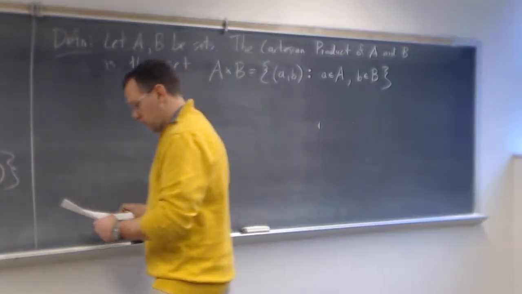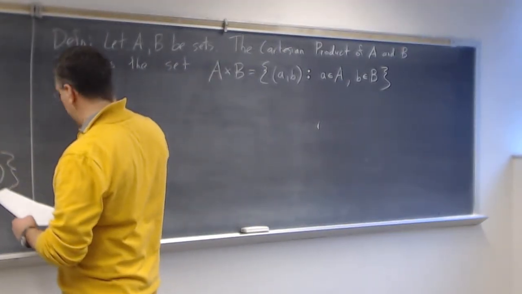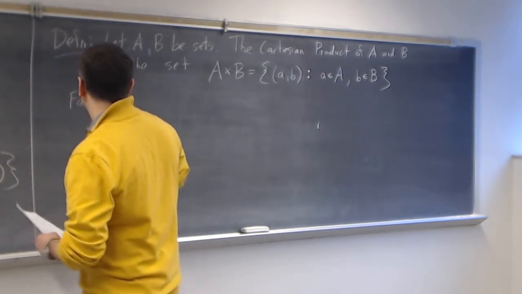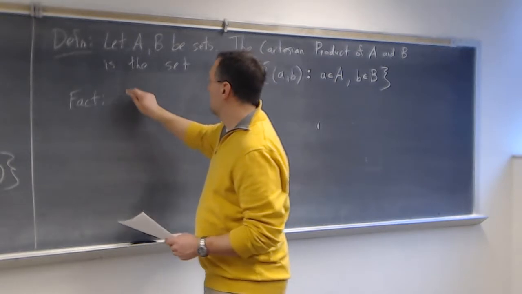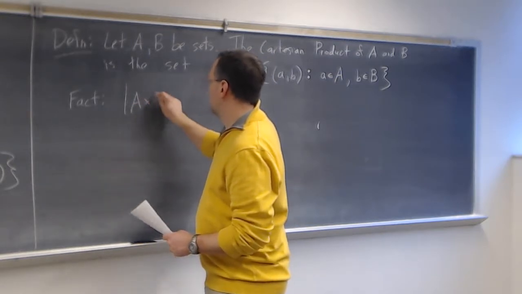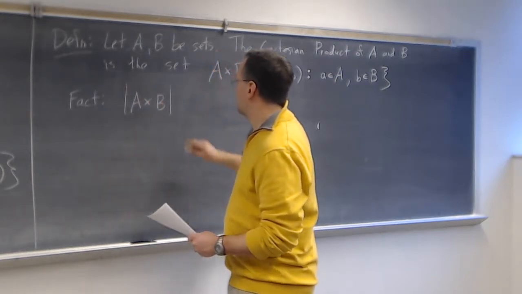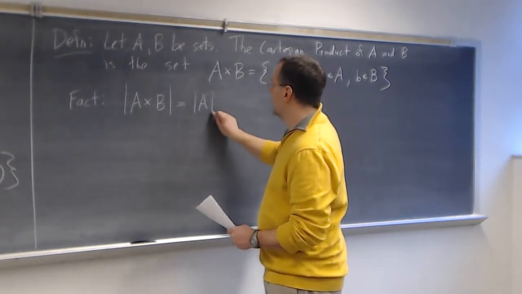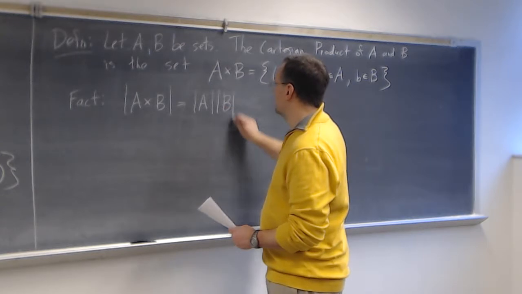Okay. So there's a fact that the order of the Cartesian product of A and B actually equals the order of A times the order of B, or the size, or cardinality.